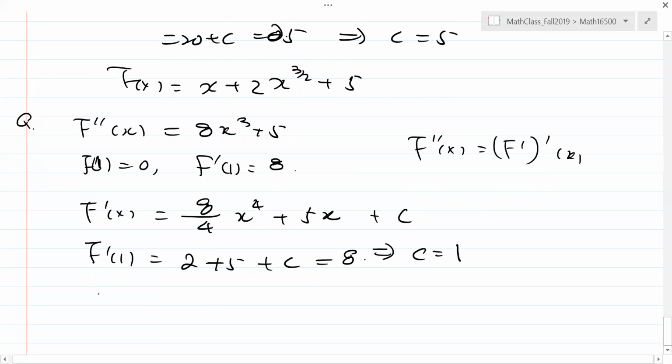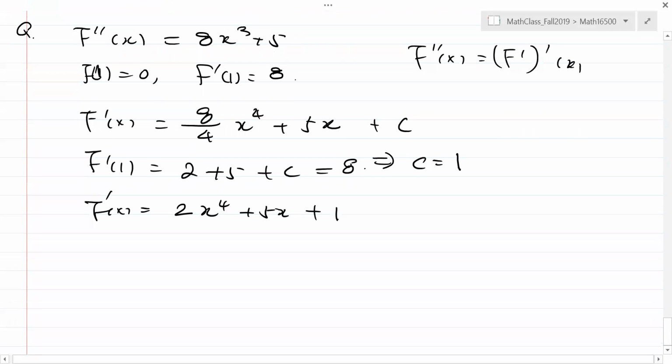Okay, once you get c, the first derivative is 2x to the fourth power plus 5x plus 1. Then you find the antiderivative of this function again. You get 2 over 4 plus 1, x to the 4 plus 1. 5 is 5 over 1 plus 1, x to the 1 plus 1.